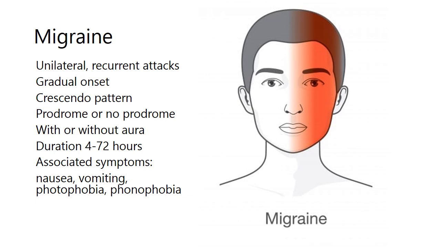This is referred to as the scintillating scotoma. This is like a wavy line or arc of absent vision with coloured zigzag lines around the edge of it. But patients can even complain of absence of visual fields on the same side as the headache.